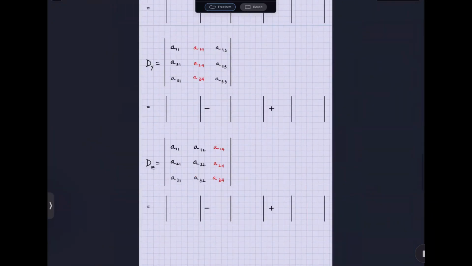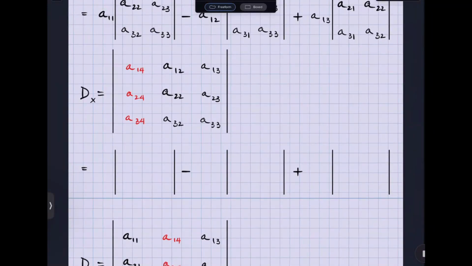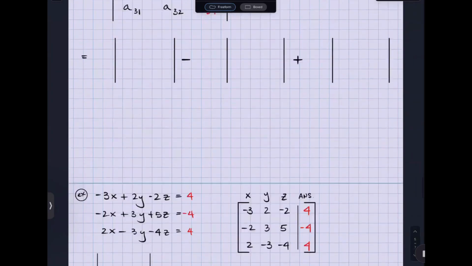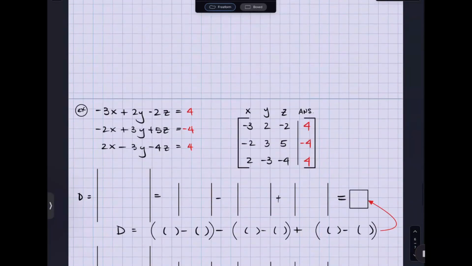So my question to you is, do you want to go through all of that? Or should we try it in this problem here?